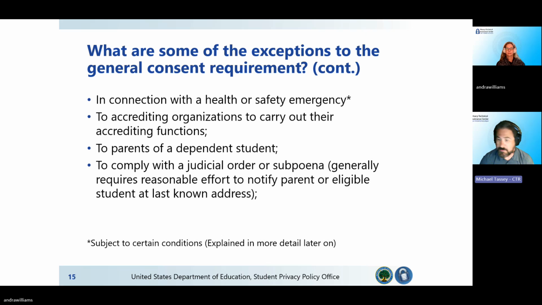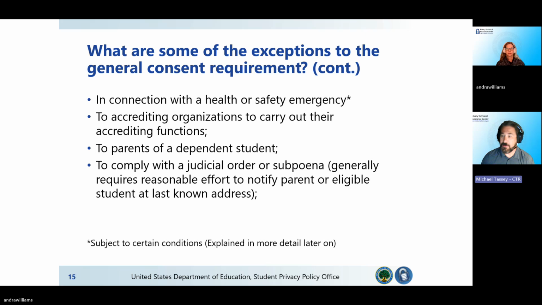To accrediting organizations to carry out their accrediting functions. To parents of a dependent student, if we're talking about a post-secondary situation or a situation where students may have turned 18 and the FERPA rights are now belonging to the student.